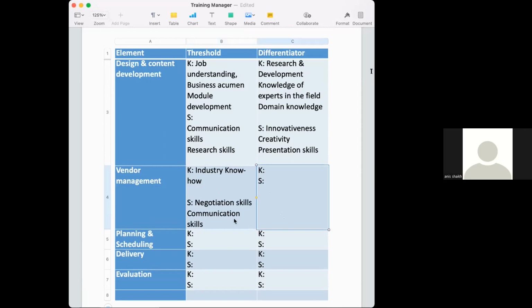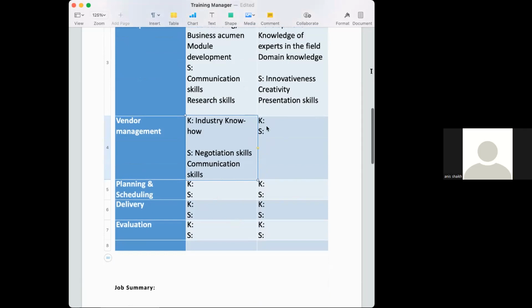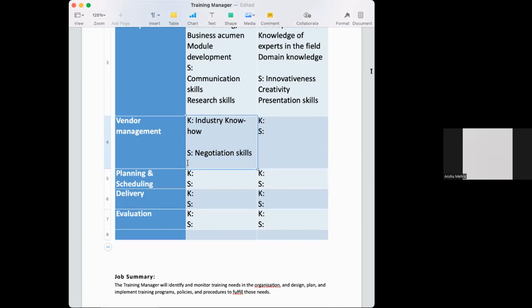We will remove communication from here, if all agree, I'm just giving my opinion. Yeah, communication skill is not required here. Okay. Negotiation is okay, industry know-how.